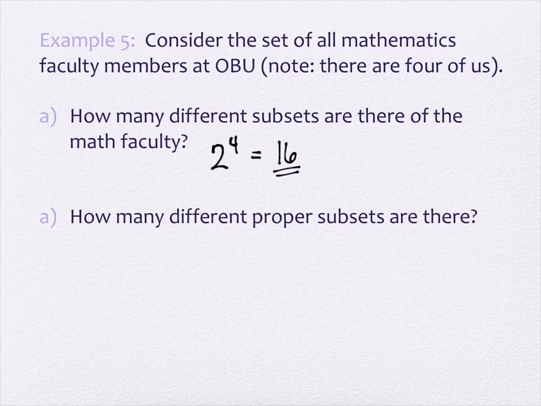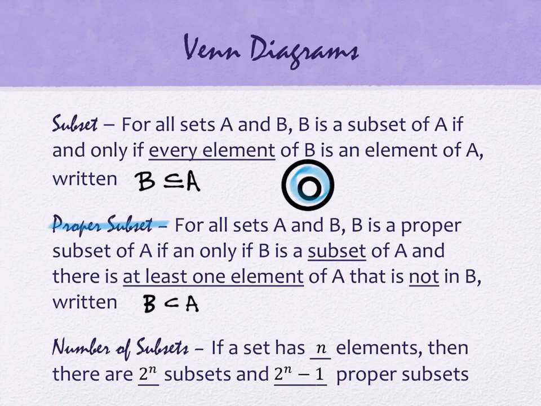All right, so how many different proper subsets are there? Well, proper subsets from original subsets is really easy. What's the difference in these 2 formulas down here at the bottom of the screen? One subtracts 1. It's just one fewer.